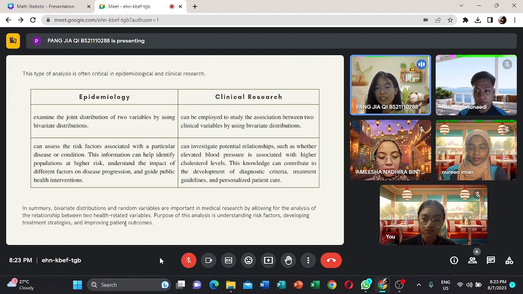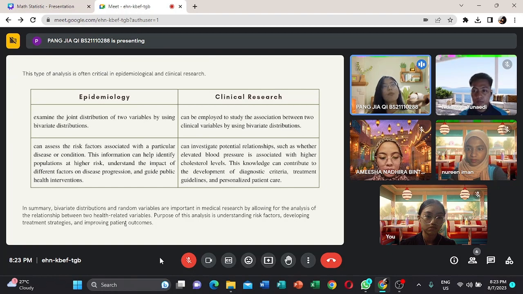While in clinical research, we can investigate potential relationships such as whether elevated blood pressure is associated with higher cholesterol level. This knowledge can contribute to the development of diagnostic criteria, treatment guidelines, and personalized patient care.